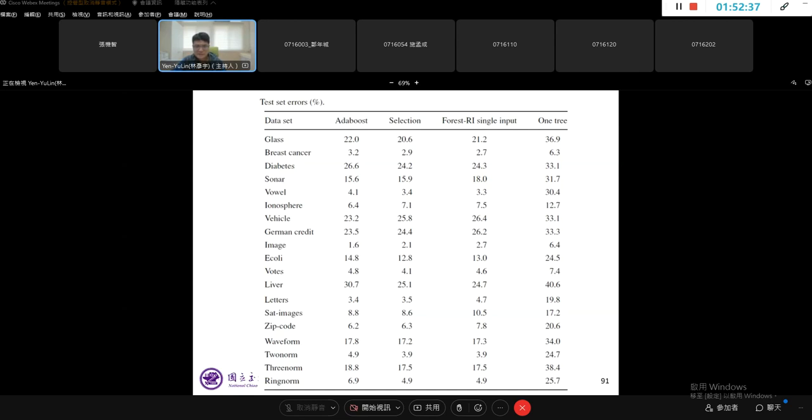So actually, AdaBoost and the random forest are widely used in the literature. Random forest is simple to implement, but AdaBoost can select fewer weak learners to have comparable performance. So you can use both of them in your application.